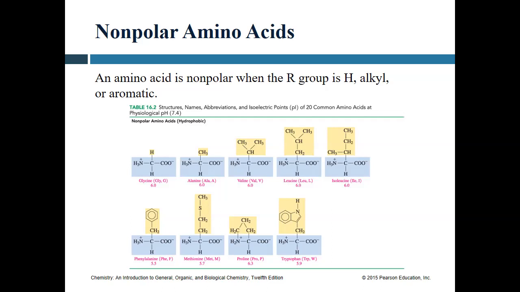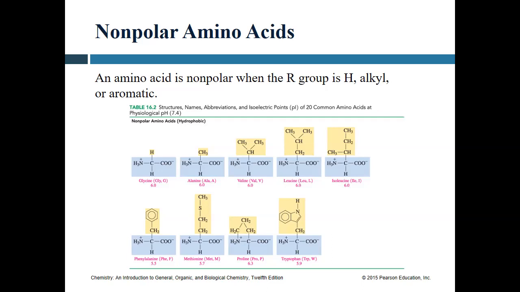All told, there are 9 nonpolar amino acids. They range from incredibly simple, so glycine here, just with a hydrogen group on it, to some that are actually really complex looking.